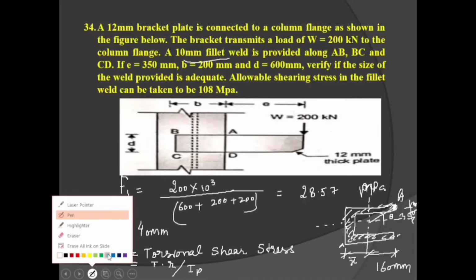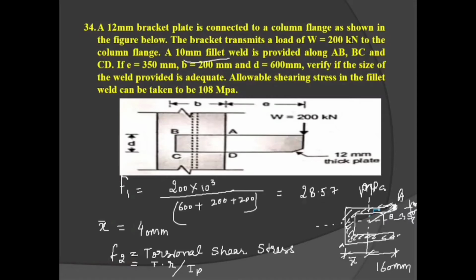Now all the properties are calculated using the same thing that we had discussed in our theoretical portion. After putting all the values, F2, small f2, we have to put the value of R, T and each and every parameter.